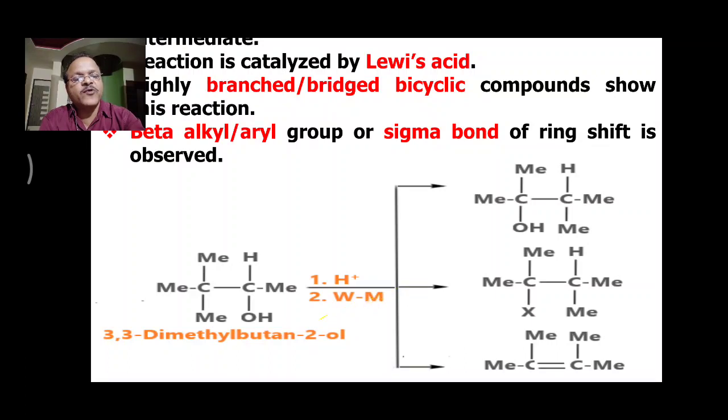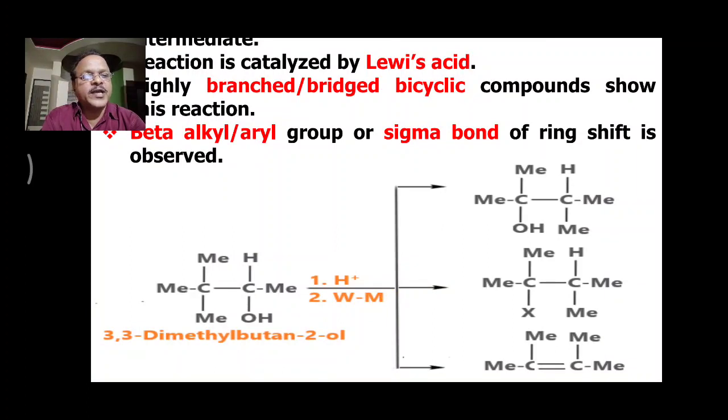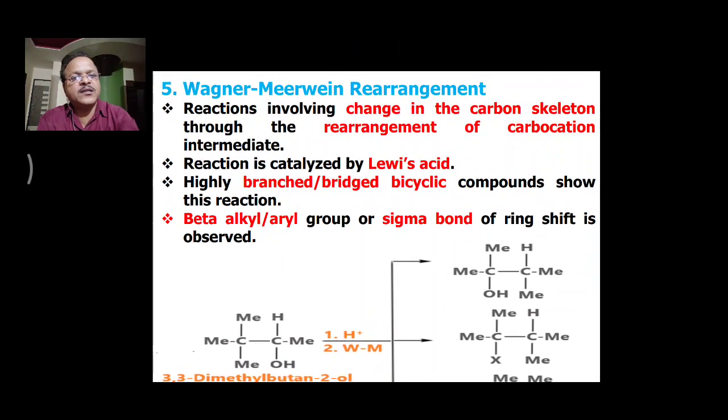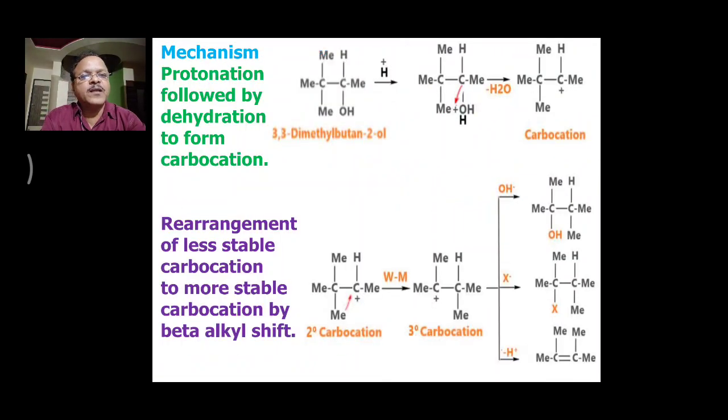Once there is formation of the more stable carbocation, on reaction with different reagents we obtain an alcohol, a halogen compound, or an alkene compound. We will discuss this in detail in the mechanism of the reaction.